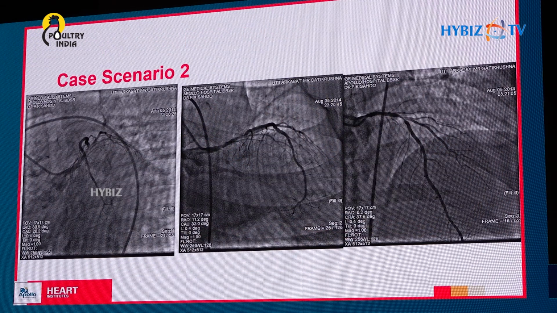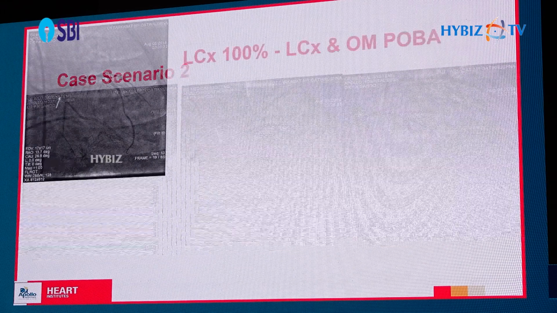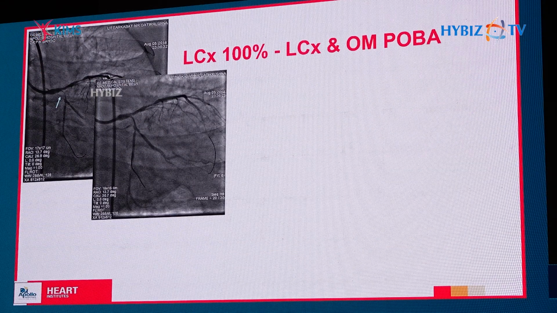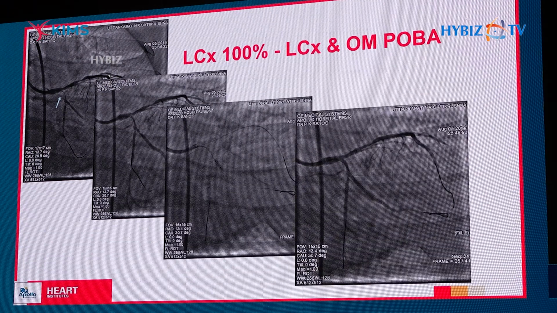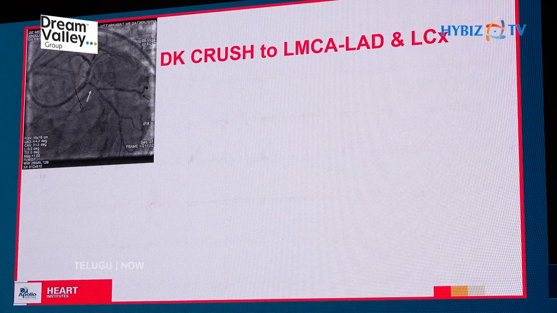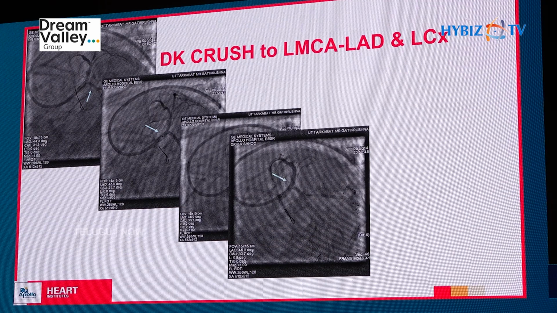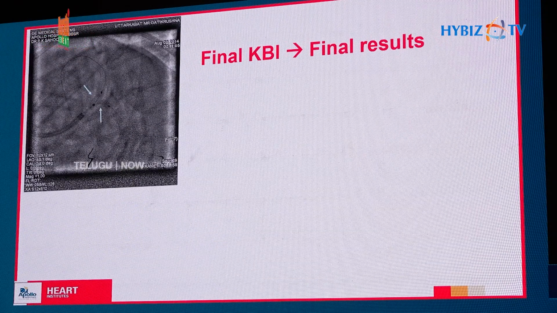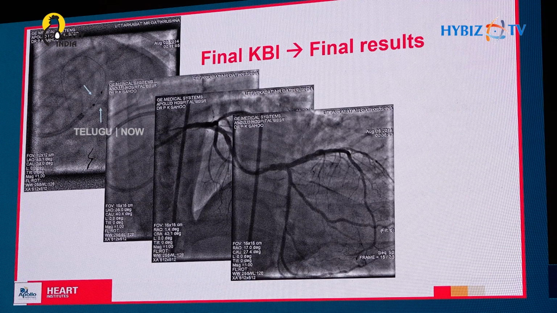Now let's take case scenario 2, in which there is left main disease and a 100% occlusion of the circ. POBA has been done to the circ. Then we go ahead and do a DK crush with 2 stents, and finally a kissing balloon, and you can see the results are good.